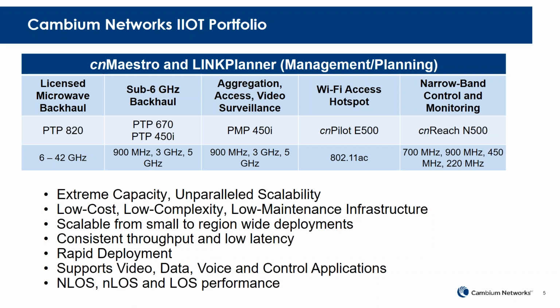Then we have our sub-6 gigahertz backhaul. This is our PTP670, PTP450i. It's available in multiple bands and is available to deliver a few hundred megabits per second into different areas. So this is really good for those remote facilities where I'm delivering lots of capacity.